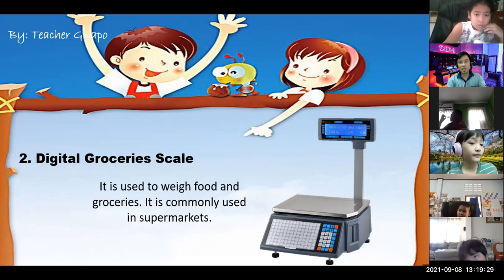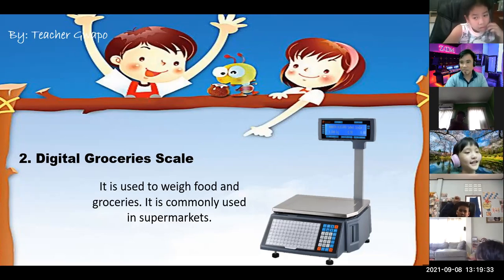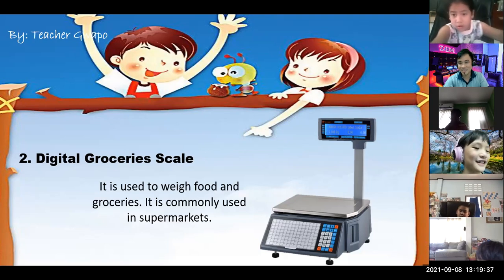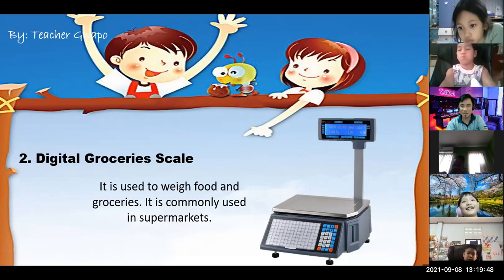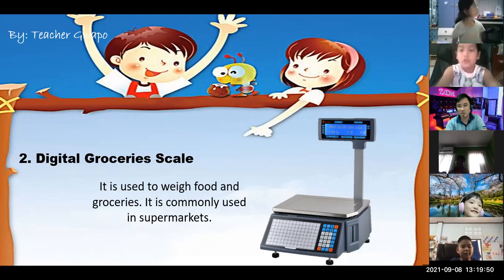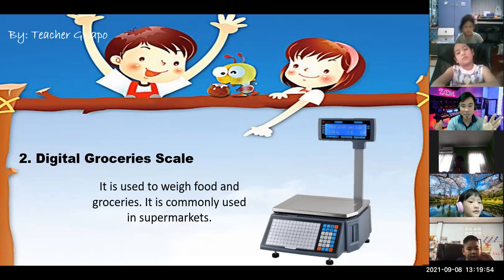It is commonly used in supermarkets. When you go to Central in Tops Market, you will see this one, right? Or in Tescalotos, if you want to buy some vegetables, you can see this one. This is called digital grocery scales.